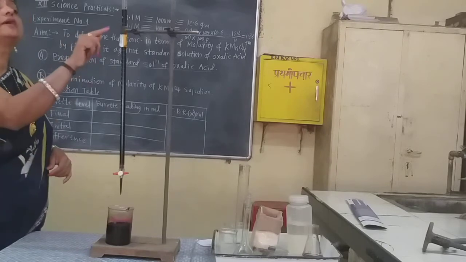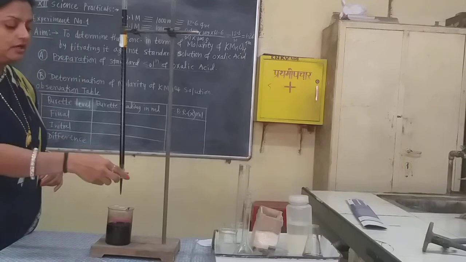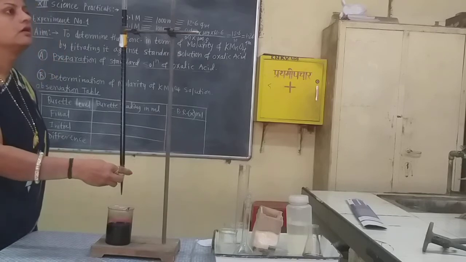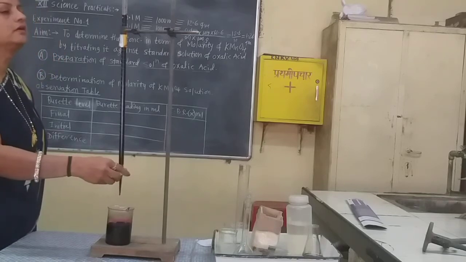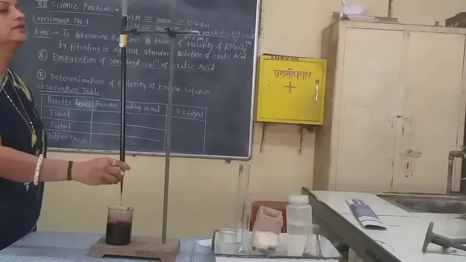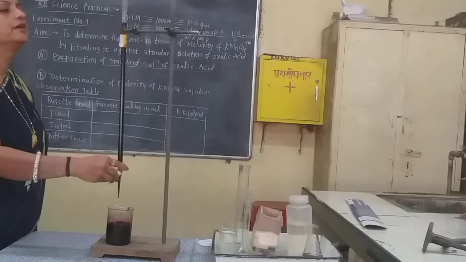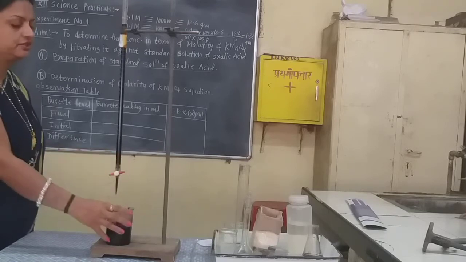The potassium permanganate solution must touch the line of 0 centrally. Now see, I am performing this second part, in which I take the meniscus of this potassium permanganate solution. This is the meniscus here.